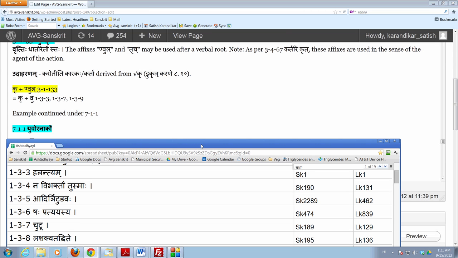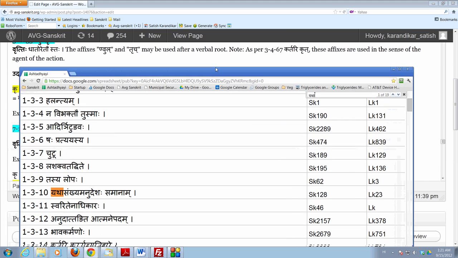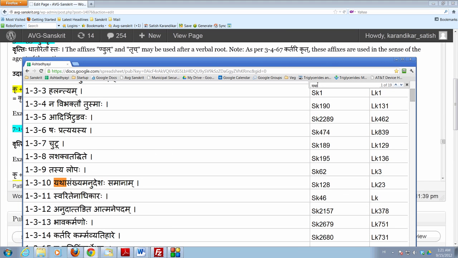In place of yu, we substitute ana. In place of vu, we substitute aka. That is the sutram yatha sankham anudeshas samanam.